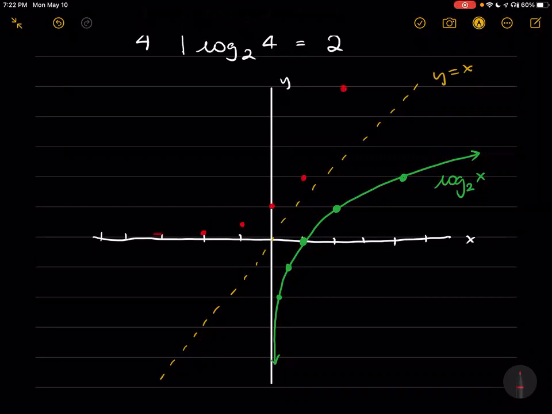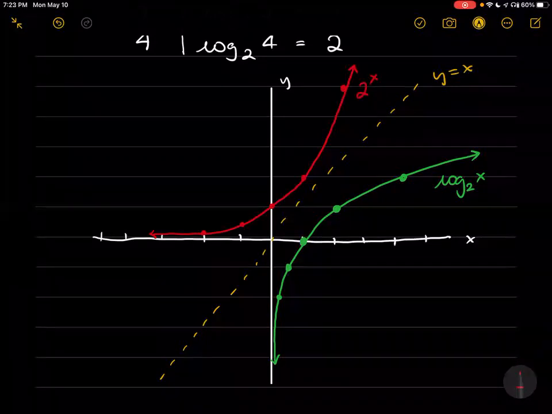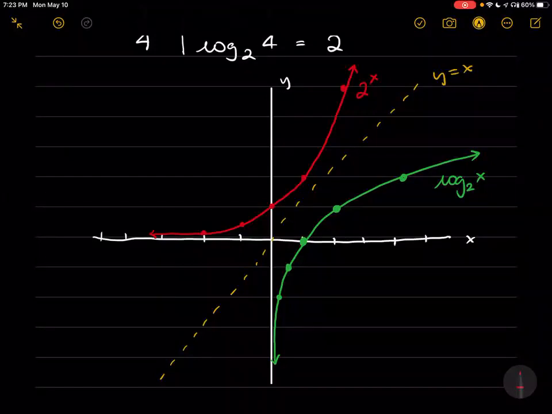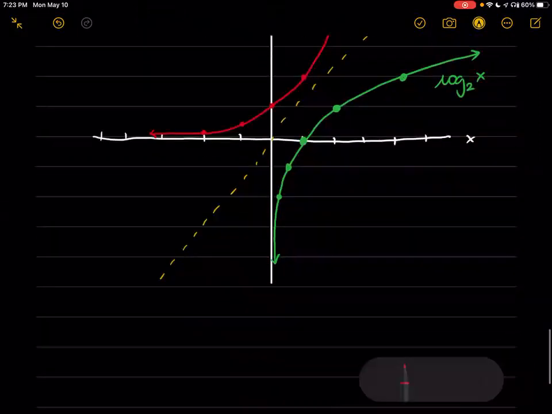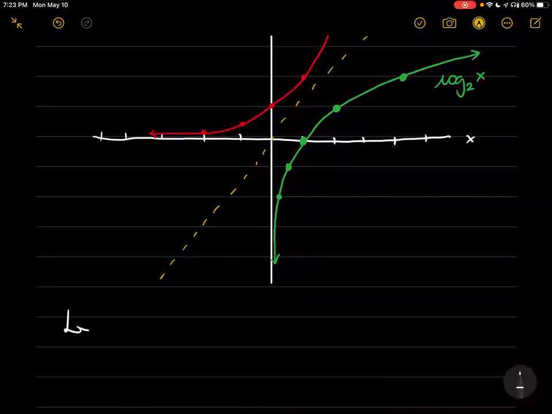And if we look at the graph of the reflected log, it's actually the graph of 2 to the x. This follows from section 2.8, where we talked about the graphs of inverse functions. The graphs of an inverse function are reflected across the y equals x line. So now you can really see geometrically that logarithms and exponents are inverse functions. If you wanted a refresher on stuff like that, you can see section 2.8.